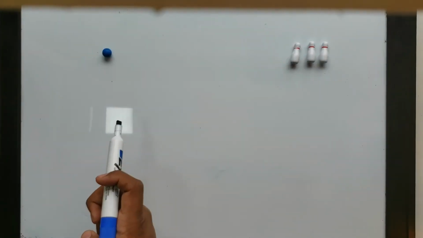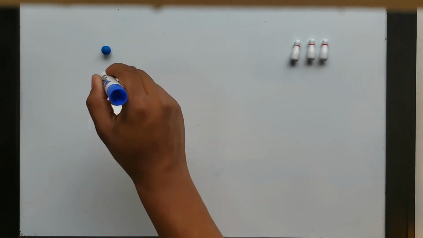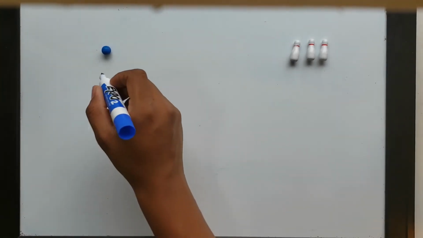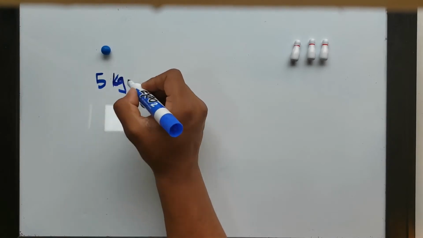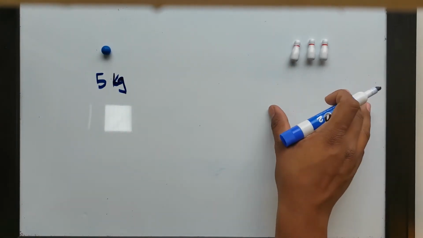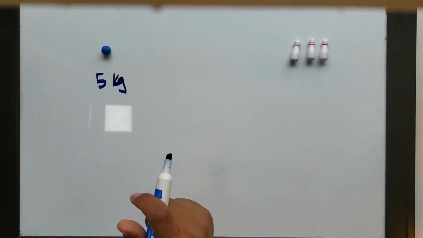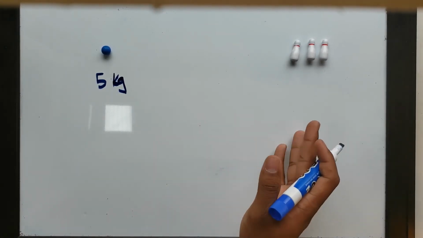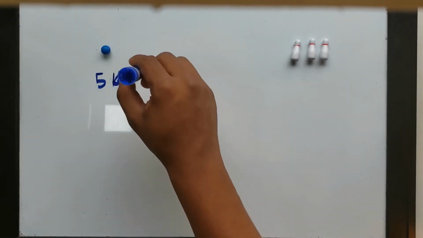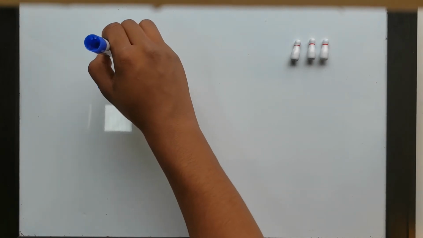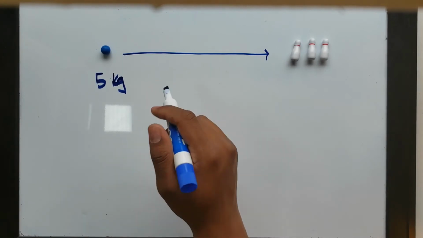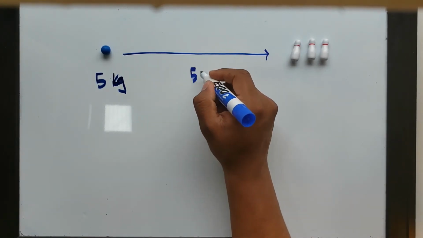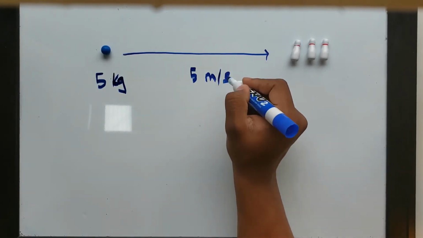Let's look at an example. Here we have a bowling ball. The bowling ball's weight is 5 kilograms. We have 3 pins here. In bowling, the bowling ball is hurled towards the pins. For the sake of simplicity, let's say that the velocity of the bowling ball is 5 meters per second.